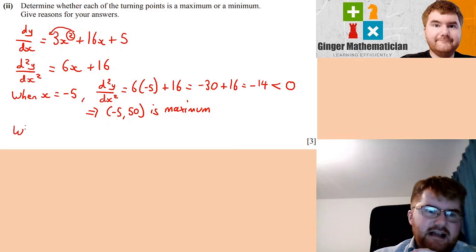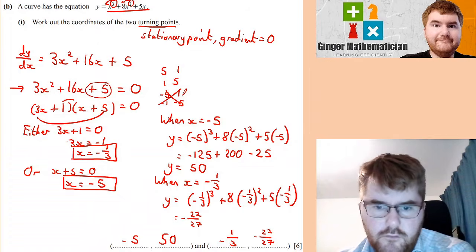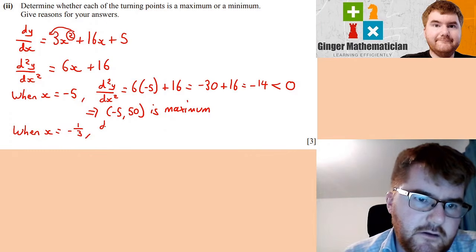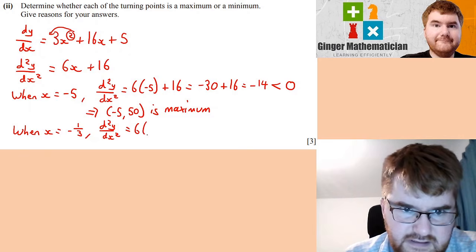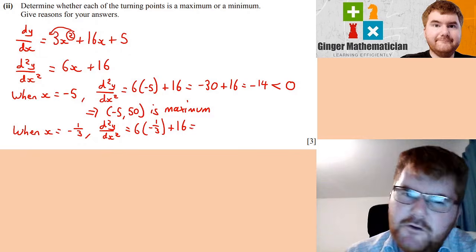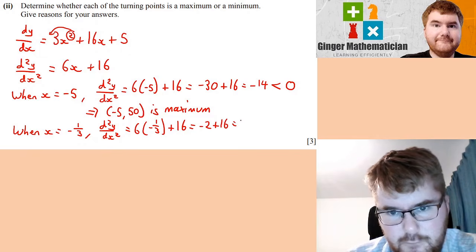And you can do exactly the same process for minus a third. So then we get d2y over dx squared is equal to 6 lots of minus a third plus 16. Hopefully you're convinced this is positive. Minus 2 plus 16, which is positive 14.